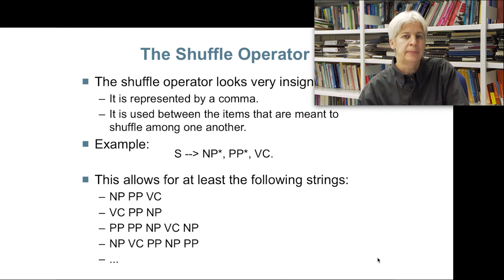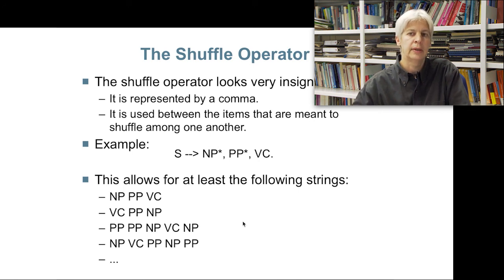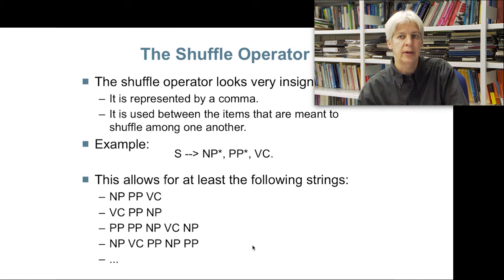But for now, I've just used the star here, and the shuffle operator then will allow any of these strings to appear, to be generated. Okay, so an extremely powerful operator. Very innocuous looking, just the comma, but it allows you to deal with free word order in a very simple way. And I would like to emphasize this here again.